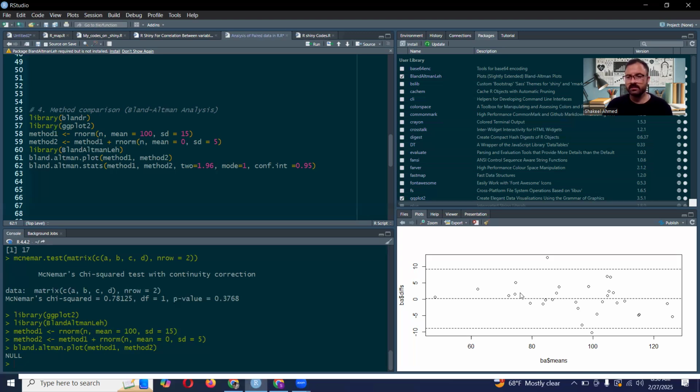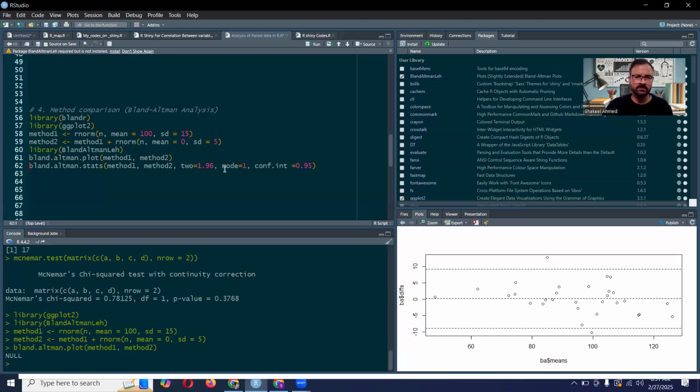They are measuring almost the same quantity. So we can see there is no systematic pattern in these dots. So we can say that the two methods agree with each other.